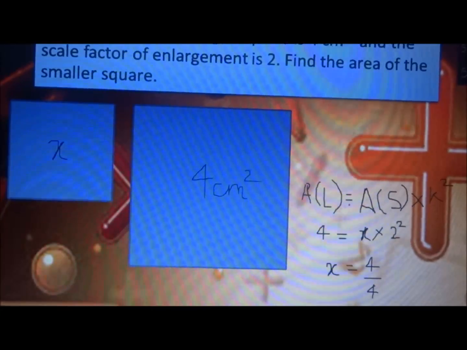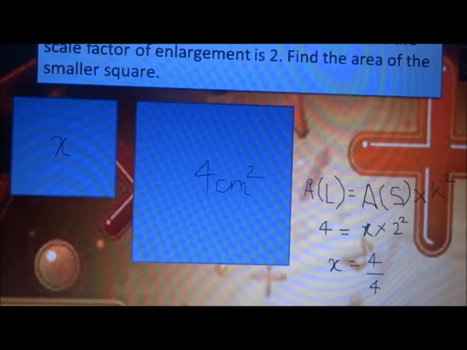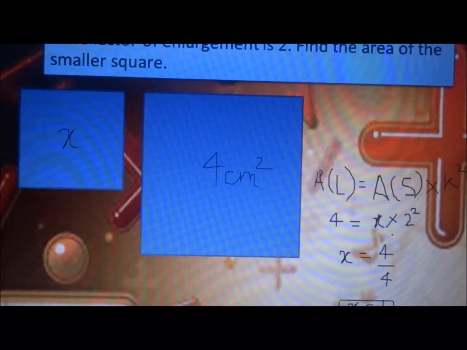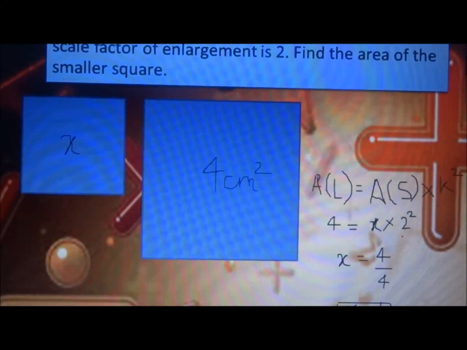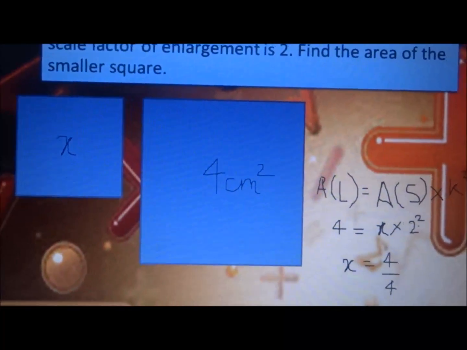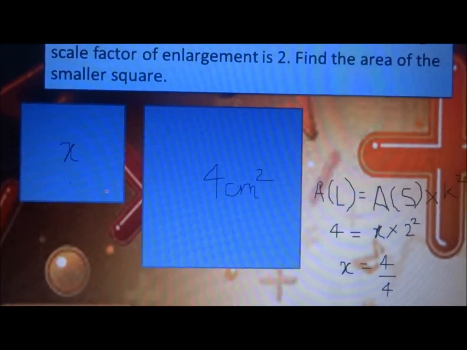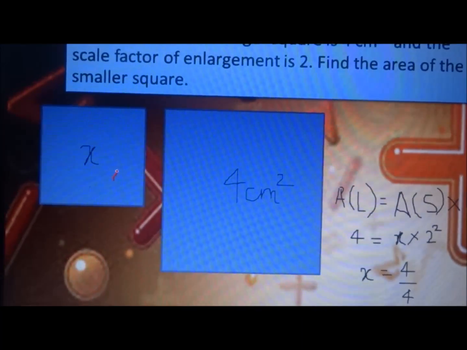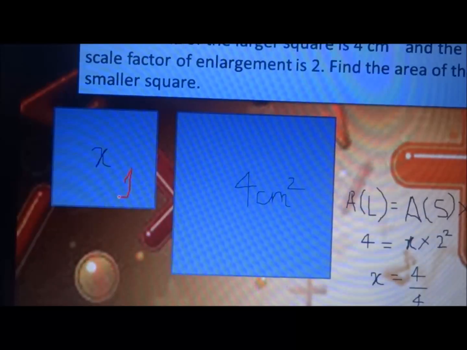So area of the large square will be equal to area of the small square into the k square. So 4 is equal to x, that is the area of the small, into 2 square, that is k square. x is equal to 4 upon 4, and so x is equal to 1. That is the area of this small square is equal to 1 centimeter square.